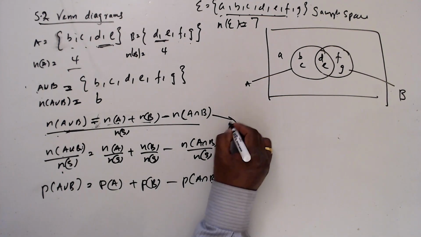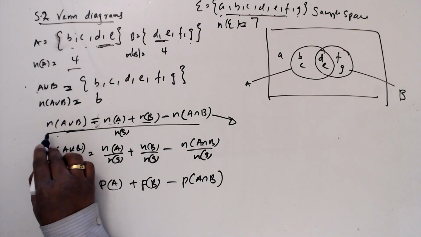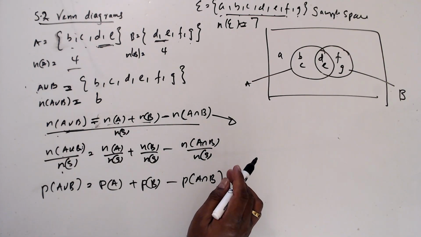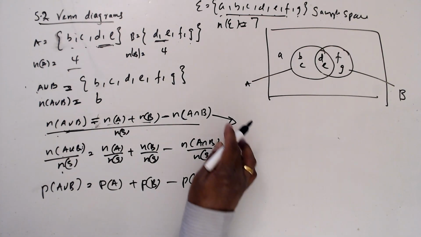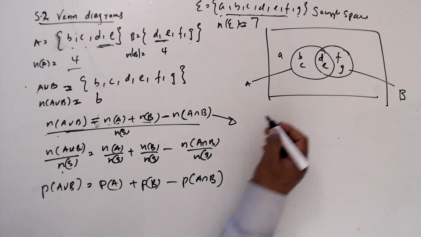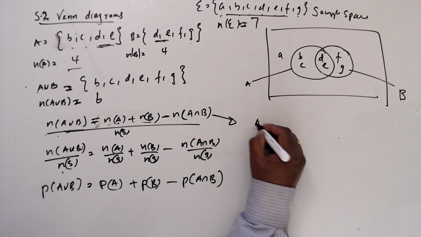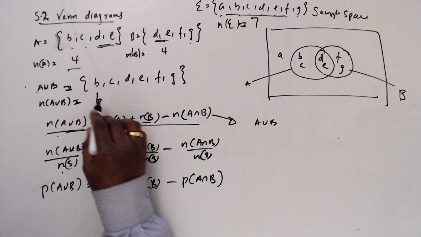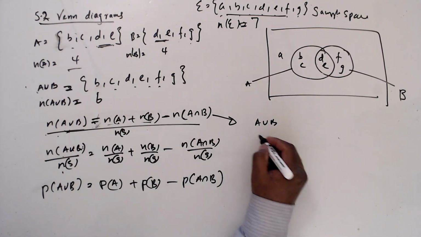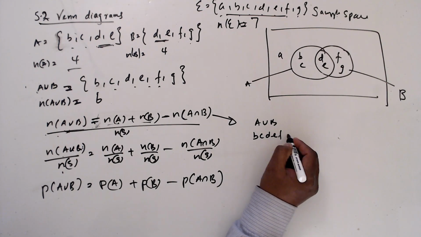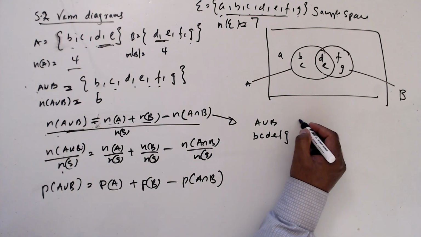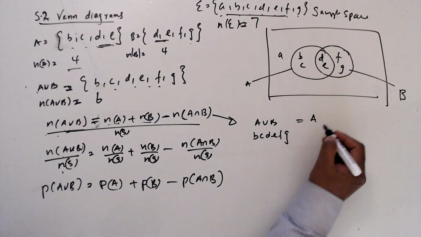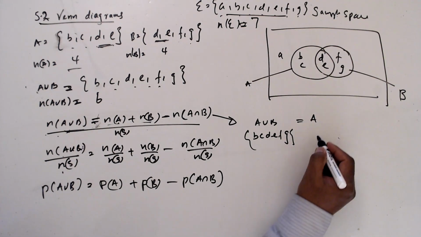If I explain this step one more time: A union B, what are the elements? A, B, C, D, E, F, G. And this is equal to A: what are the elements of A?